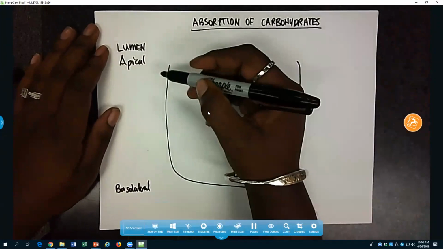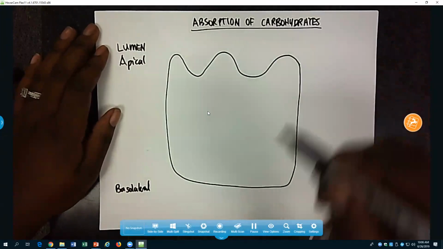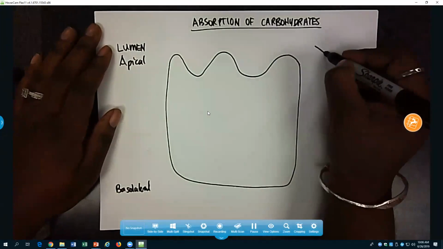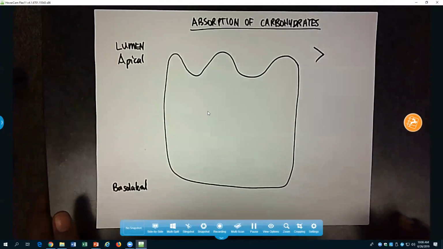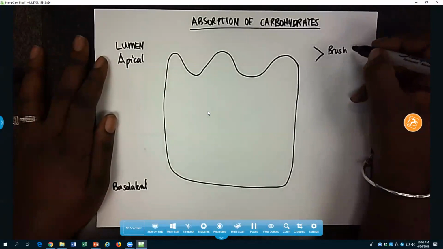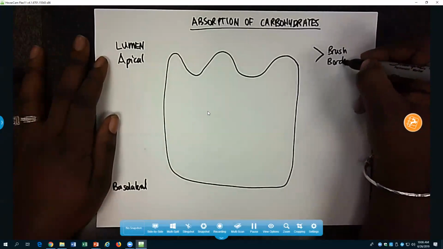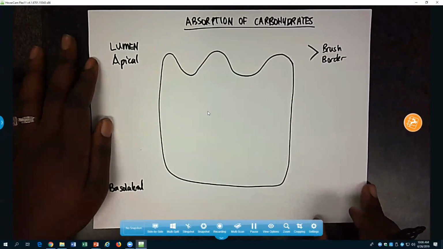Now, because this is an intestinal cell, we know we have our microvilli, okay, which is forming, what's the structure formed by microvilli in the intestines? The brush border, right, the brush border. We saw this in the proximal convoluted tubule, and again here in the intestinal enterocytes, okay?